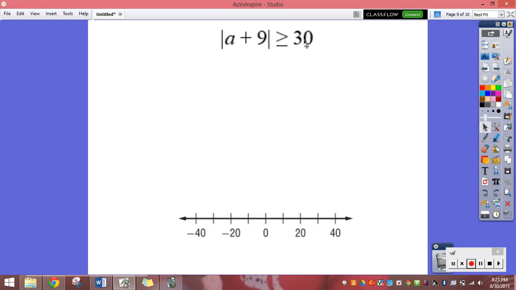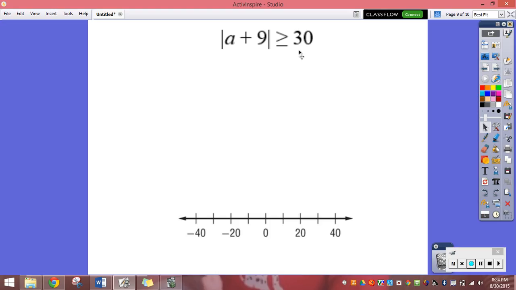Any numbers to the right of 30 on the number line will be greater than 30 units from 0, but also any numbers to the left of negative 30 would also be greater than 30 units from 0. So with greater than, you're looking at a graph that is a disjunction, and we can rewrite the absolute value inequality to represent that disjunction.